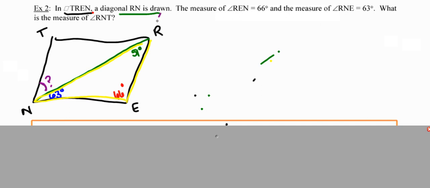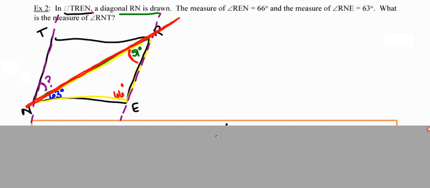I also know that in a parallelogram, the left side and the right side are going to be parallel. And when those parallel lines are cut by a transversal, I know that the alternate interior angles that are formed are going to be congruent to one another.